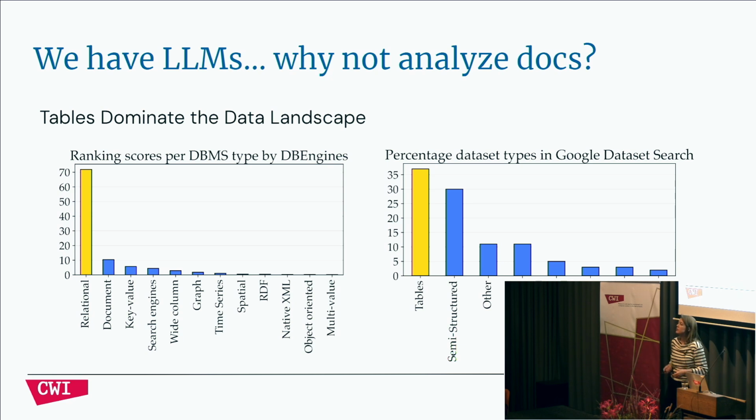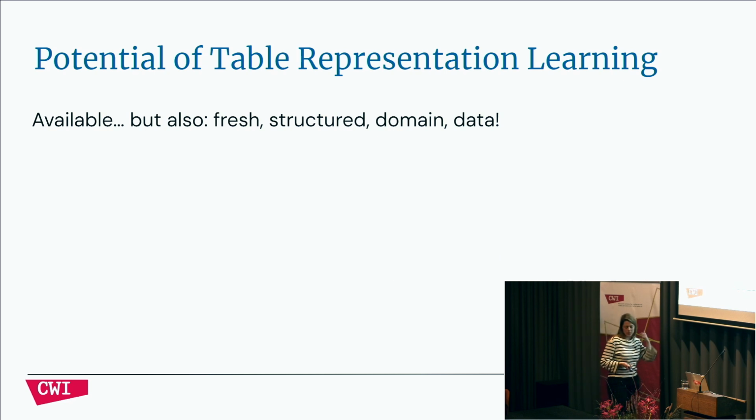You can think of CSV files, for example. So I think tables are just available. They are there, and we can use them because they are full of fresh, structured, and domain-specific data. So there's lots of value in using that data, of course.